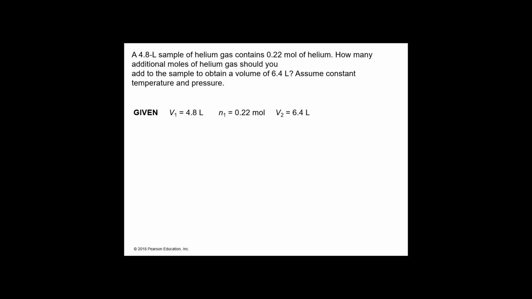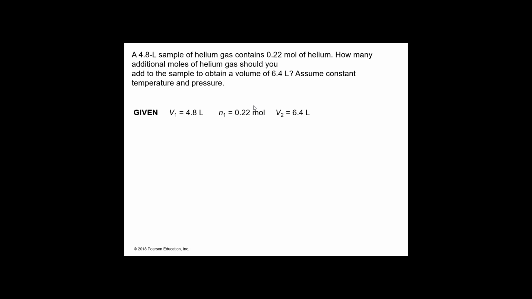One thing I want to point out is that this problem is not as easy as it seems in the beginning, because there's already helium in there. What this wants to know is not the final amount of moles, but how many additional moles were added on top of that. So this question is deceiving at first. Make sure when you read it that you understand exactly what's being asked.